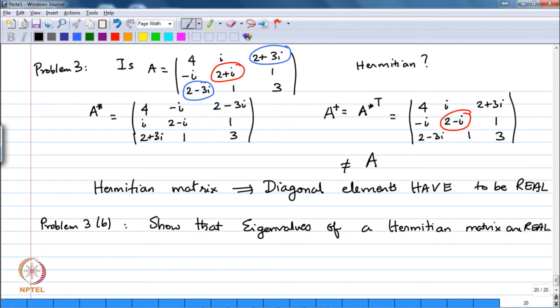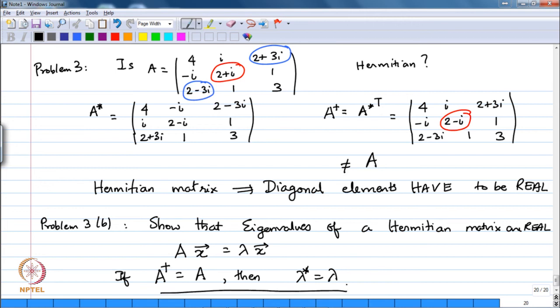So, suppose you have a Hermitian matrix, you show that its eigenvalues have to be real. So, suppose you have a matrix A and A x equal to lambda x. So, if A dagger equal to A, then lambda star equal to lambda. Okay, so, this is what you have to show. You have to show that if A is a Hermitian matrix, then its eigenvalues are real.